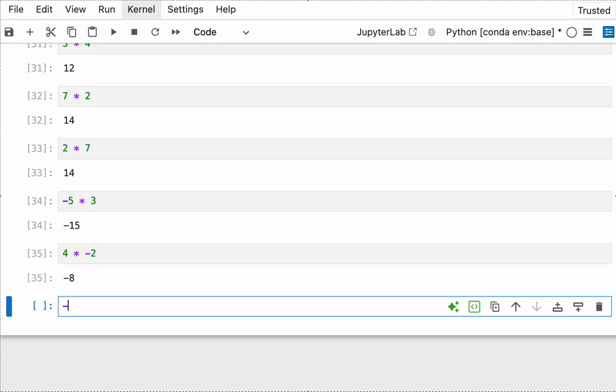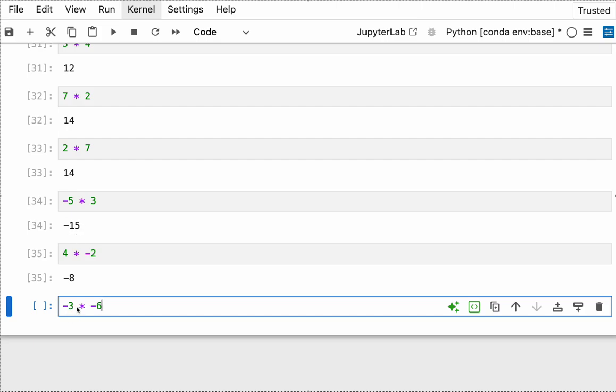If we do, let's say, minus 3 multiplied by minus 6. If you remember, here we had 4 multiplied by minus 2. We got minus 8 because there was only one negative number. And then here the same thing, one negative number. We did minus 5 multiplied by 3, and then we got minus 15.